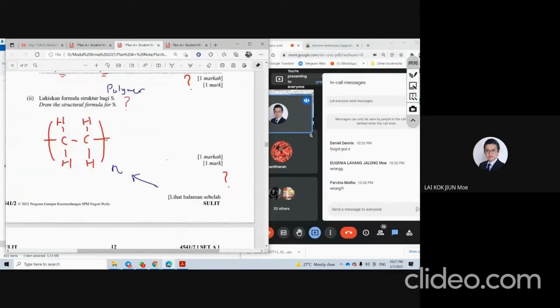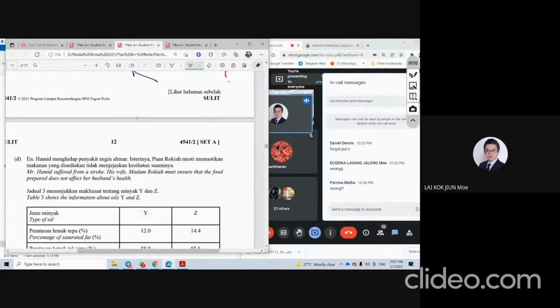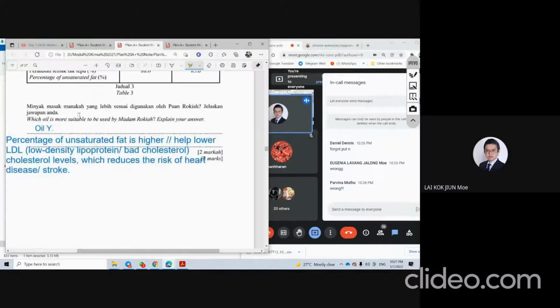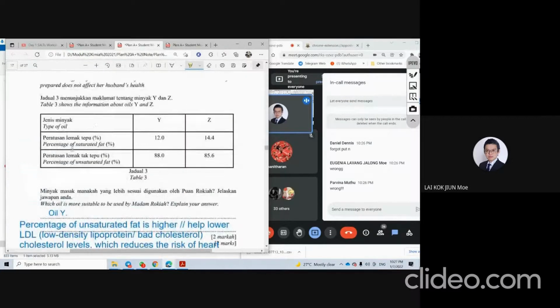Okay. This one is also important. This bond also means it can form a polymer. Before that it is a double bond. Now it opens up, and they try to accept other monomers to form a polymer. Must draw nicely. This one no problem. This one is OAY.